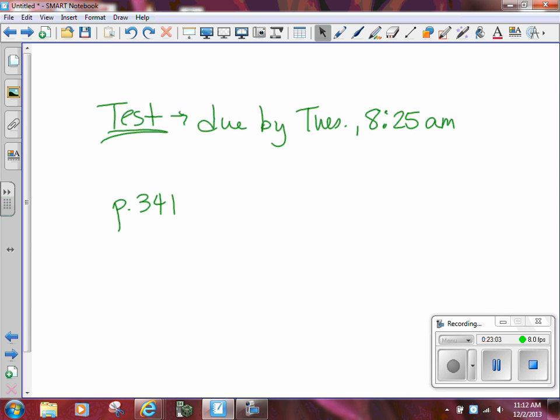It is still due before you go to first block. If it's late, folks, it's going to be 10 points right off the top. The box is cool. That's fine, but it better be in there before first block, because I always go up there and throw my stuff down, and once you get out of here at 8:25-ish, I usually go straight out and check my box anyway. So it has to be in there before first block. Please, what are you going to do for each other? You're going to remind each other by text in the morning.